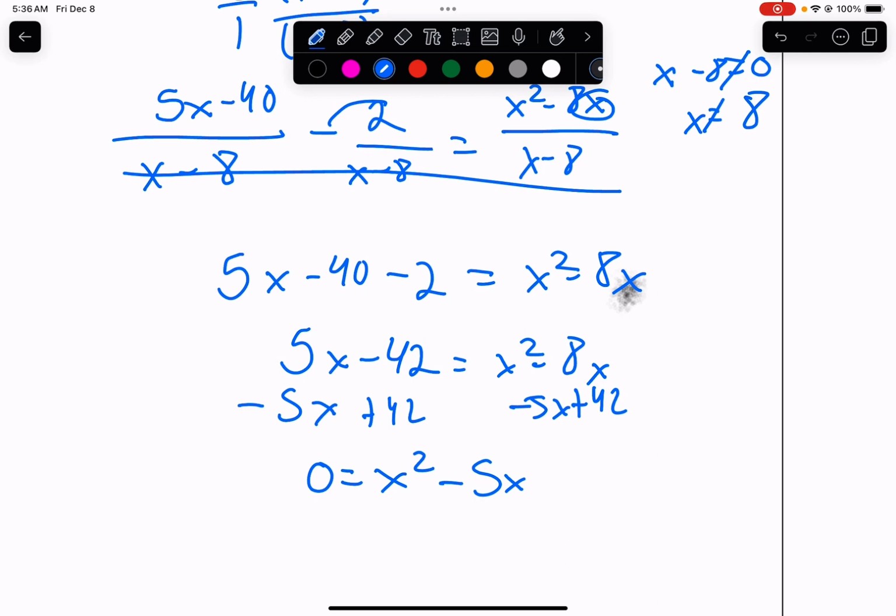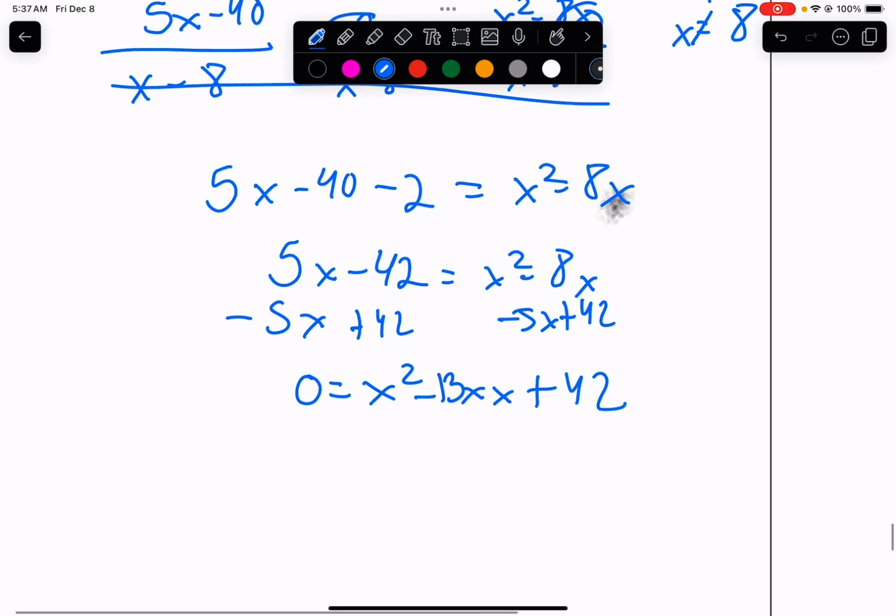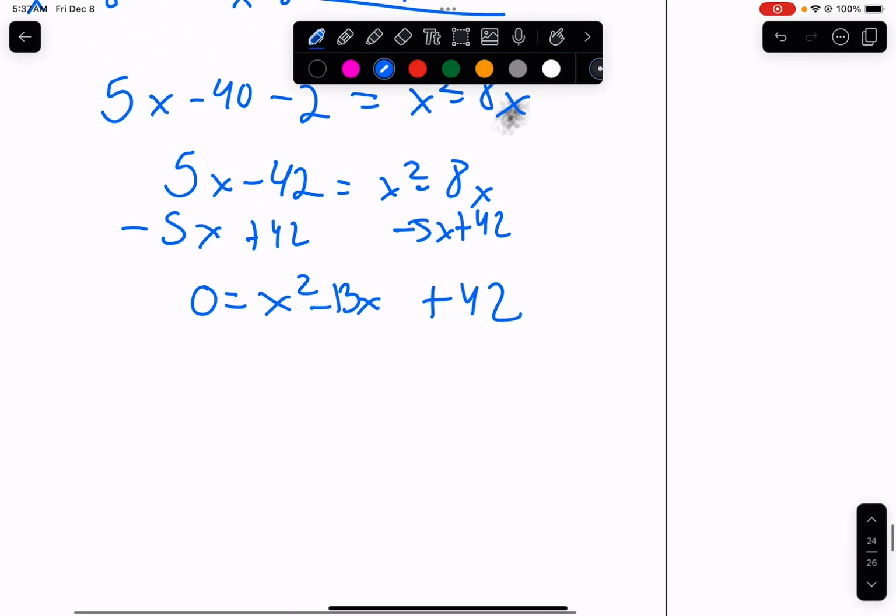Oh, boy. So we should have had the plus 42 here, but this should have been a minus 13x. Sorry, guys.